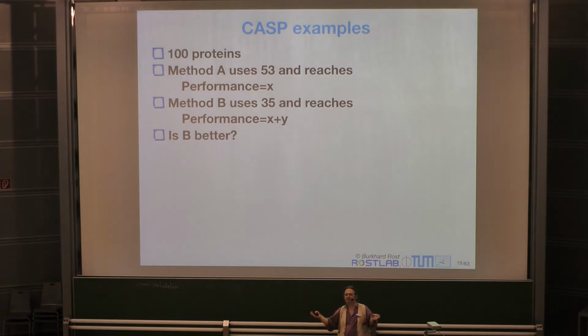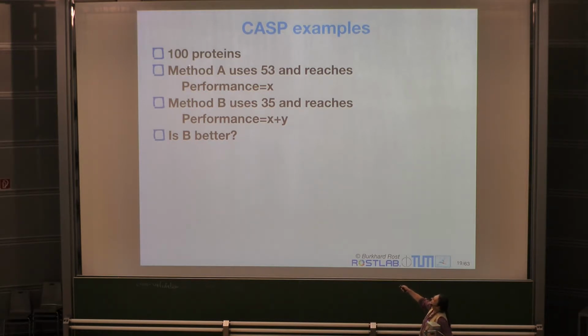And 100 proteins is a number that is rather small. Because many of these 100 proteins, as I showed you, are easy targets. So this is comparative modeling, we already know it works. What we care for more are the complicated ones that really look different from anything we have seen. And every CASP meeting we have just a bunch of them, a handful. And that is not enough to make clear statements.